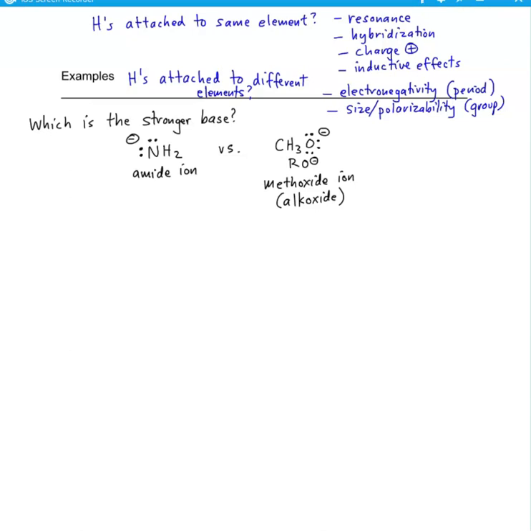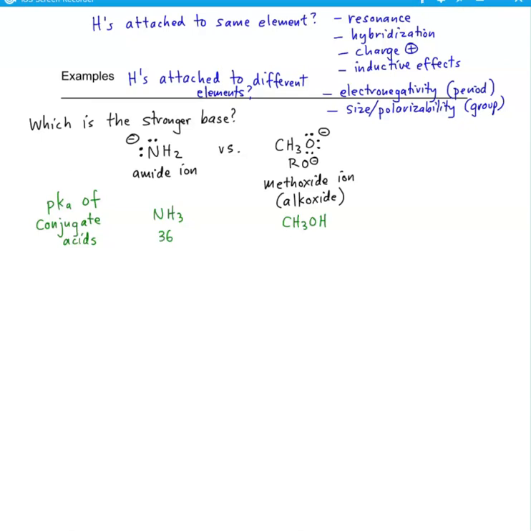Okay, so having done that, the two things you could do are the following. First of all, you actually happen to know the pKa's of both conjugate acids. So you could look at those. So NH3 and CH3OH. NH3 is ammonia, so it has a pKa of 36.